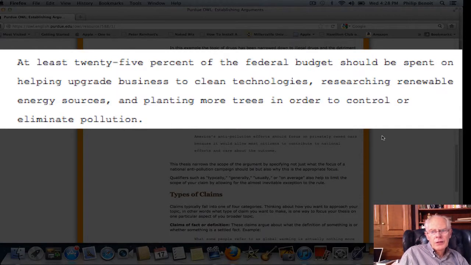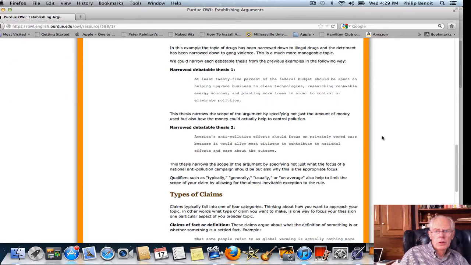If we say at least 25% of the federal budget should be spent on pollution control, as we said before, we can make that more debatable and more focused, more narrow, if we say should be spent on helping upgrade business to clean technologies, researching renewable energy sources, and planting more trees in order to control or eliminate pollution.